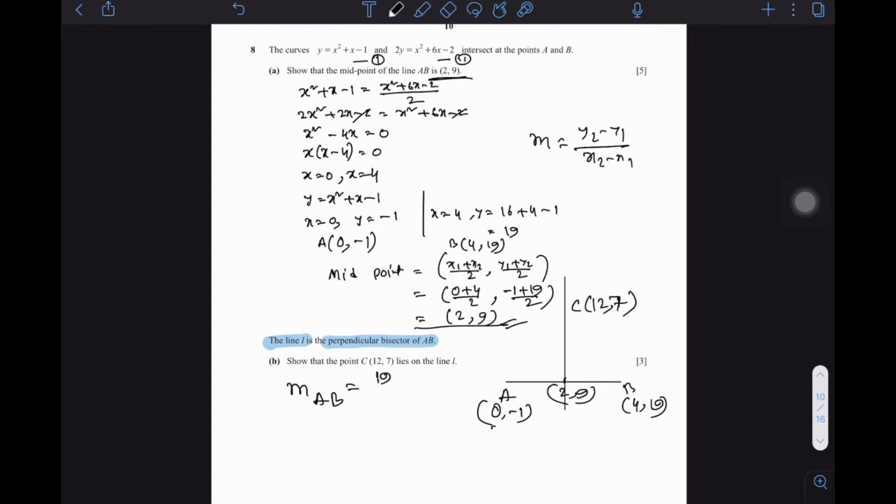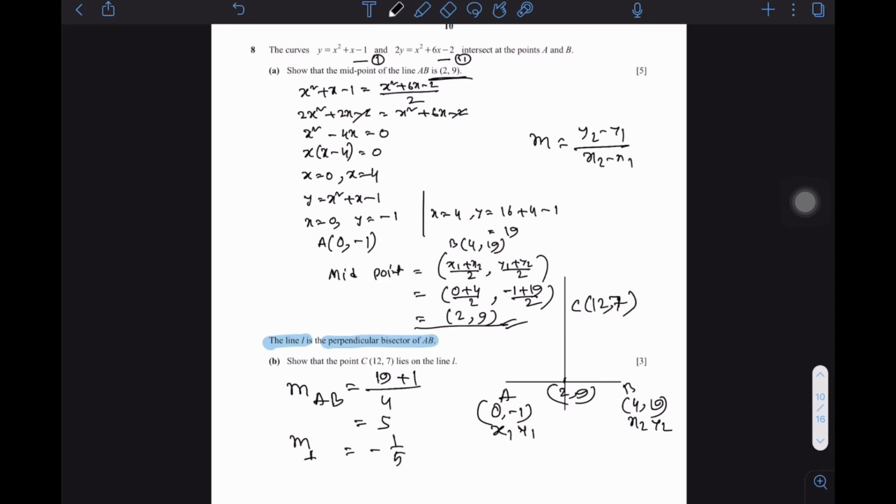Let me consider this as x1, y1 and this as x2, y2. So y2 minus y1, 19 minus minus 1, so plus 1, that is 20, over 4 minus 0, that is 4. So this is 5. Since it is perpendicular, its gradient will be the negative reciprocal, that is minus 1 by 5.